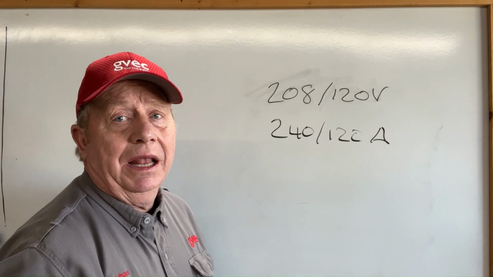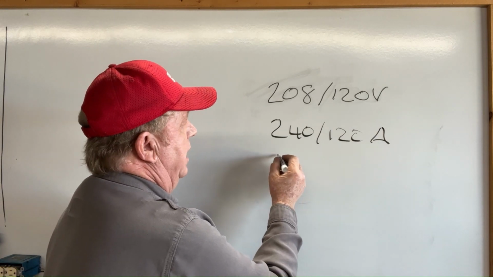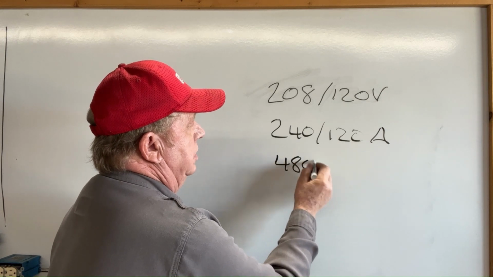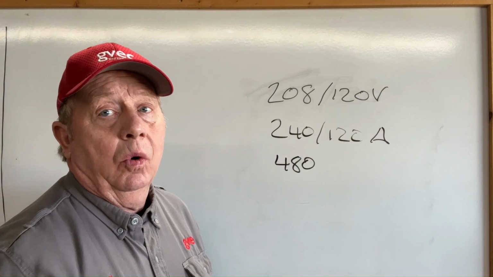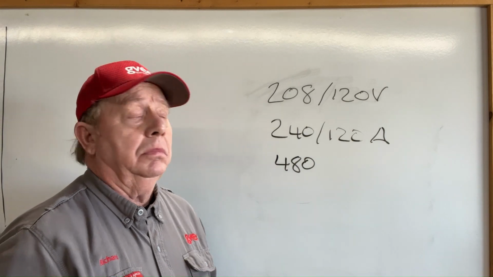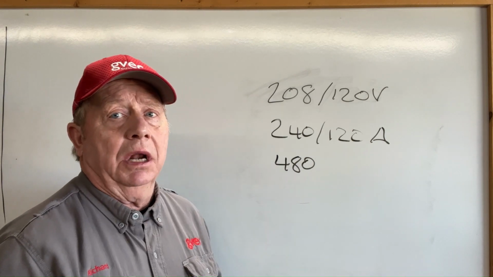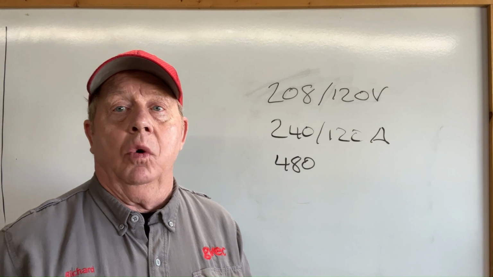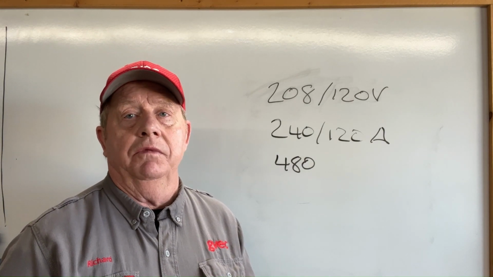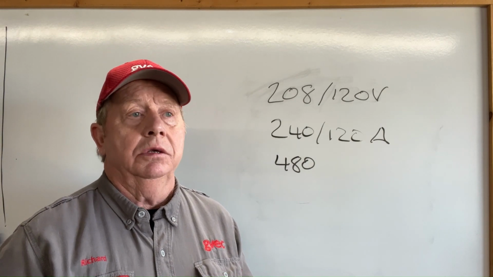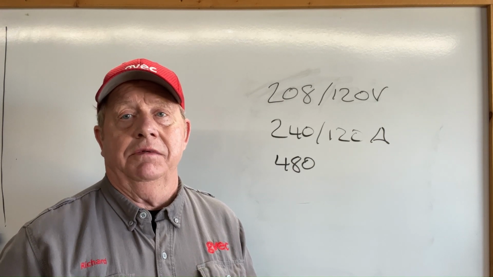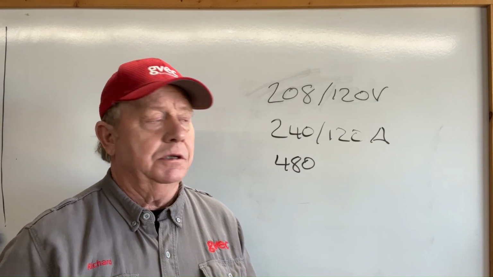That's where we have a high leg. And then we have 480 volts, and that can be in Y or delta. In the old days, we built a lot of 480 volt delta with a grounded corner. Today, most of our 480 volts is delivered Y 277. 277, 480 phase to phase.